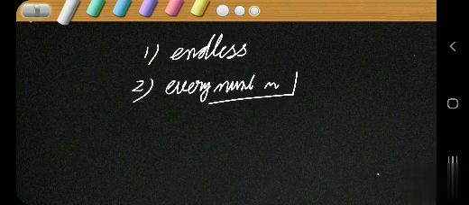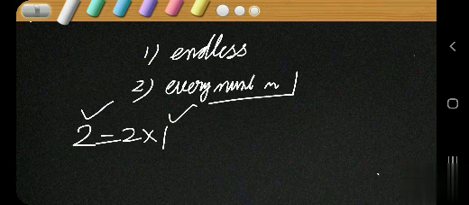And second one, every number is a multiple of 1. So, since every number is a multiple of 1, from this what can we say? Who can say? One more property will surely be there for multiples. What is it? We have written 2 as 2 into 1 and we said 2 is a multiple of 1. So, one more thing can be concluded from this.